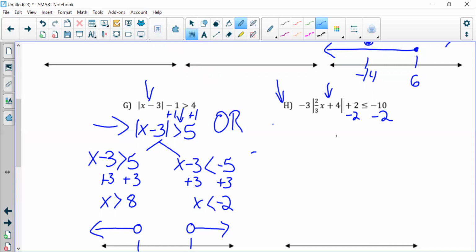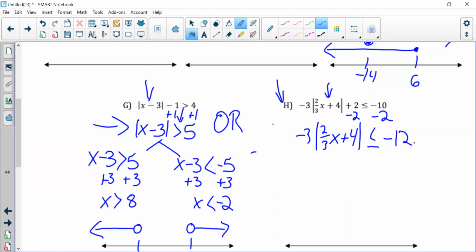All right, so I subtracted 2 from both sides, so I get negative 3 times the absolute value of 2/3 x plus 4 is less than or equal to negative 12.